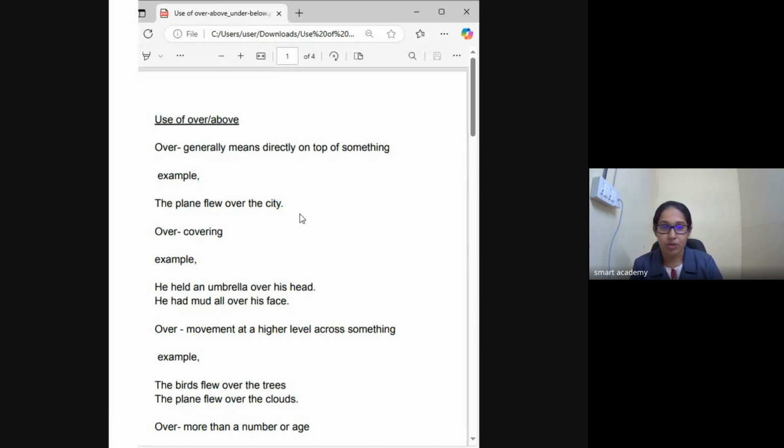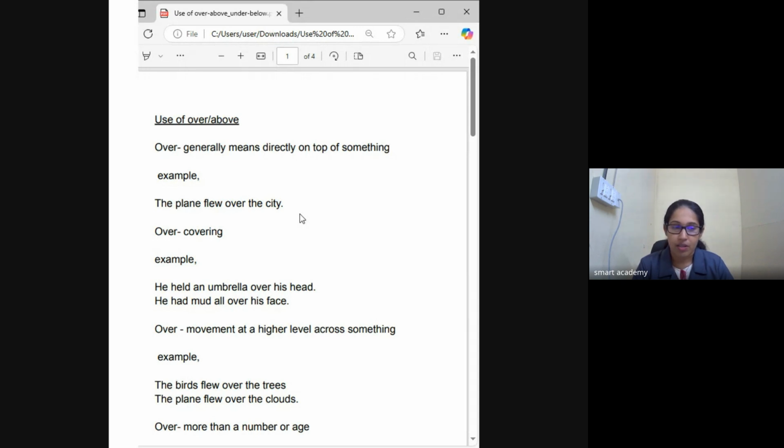Over means directly on top of something, there is contact between them. We can also use it for covering. It could also be a movement across something. We can use the preposition over.